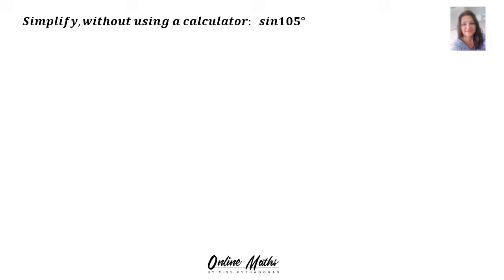Simplify without using a calculator sin 105. Now this you will see again. For sin 105, the only things you've got are special angles and compound angles. So let's write sin 105 as a compound angle in terms of special angles.